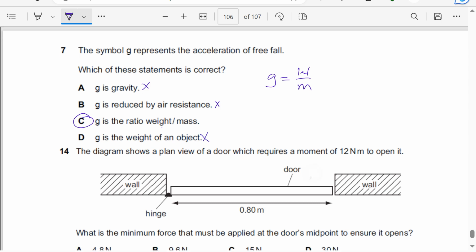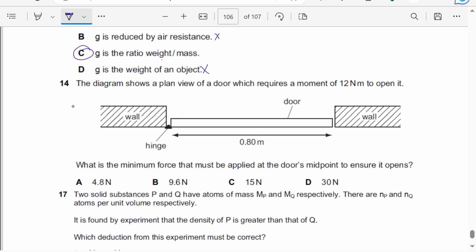That is not true. The diagram shows a plan view of a door which requires a moment of 12 newton meters to open it. What is the minimum force that must be applied at the door's midpoint to ensure it opens? So at the midpoint, we want to put a force that should cause the same moment.